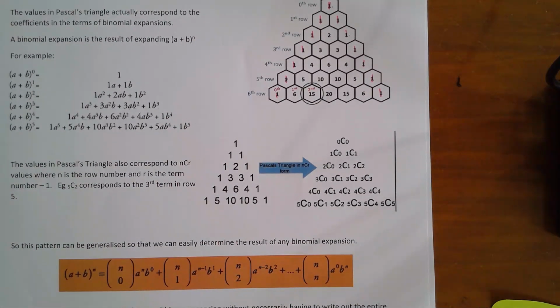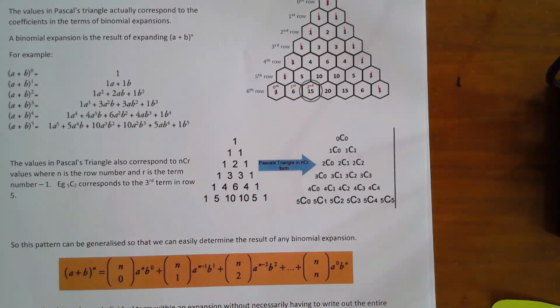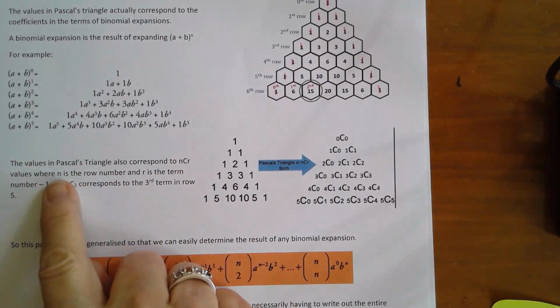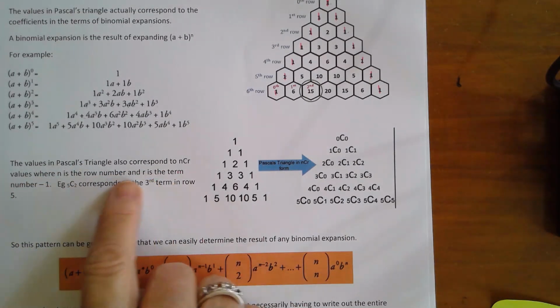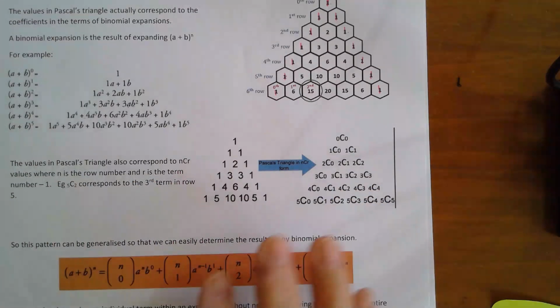It also happens to be the combinations. It's so weird. Okay, so the values in Pascal's triangle correspond to nCr, where the value n is the row number and r is the term number, except sometimes when we have negatives. So let's look at this.